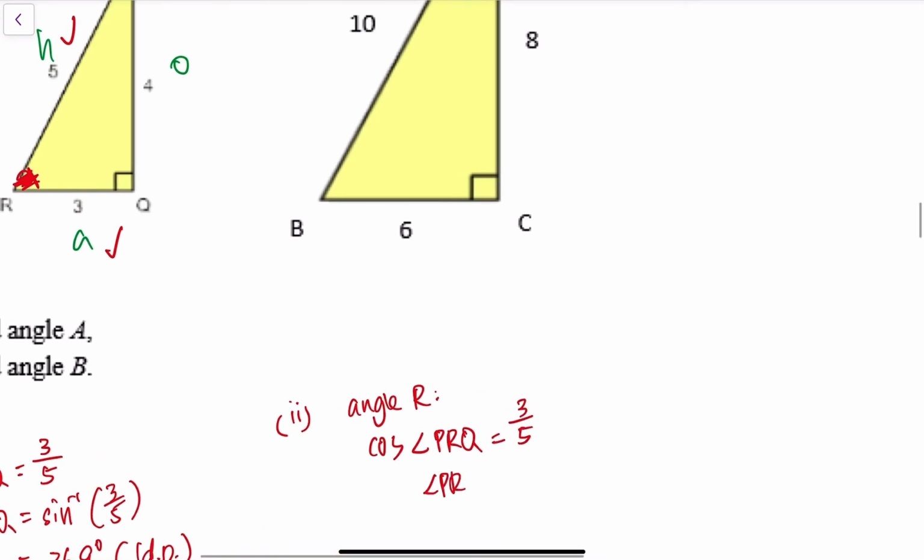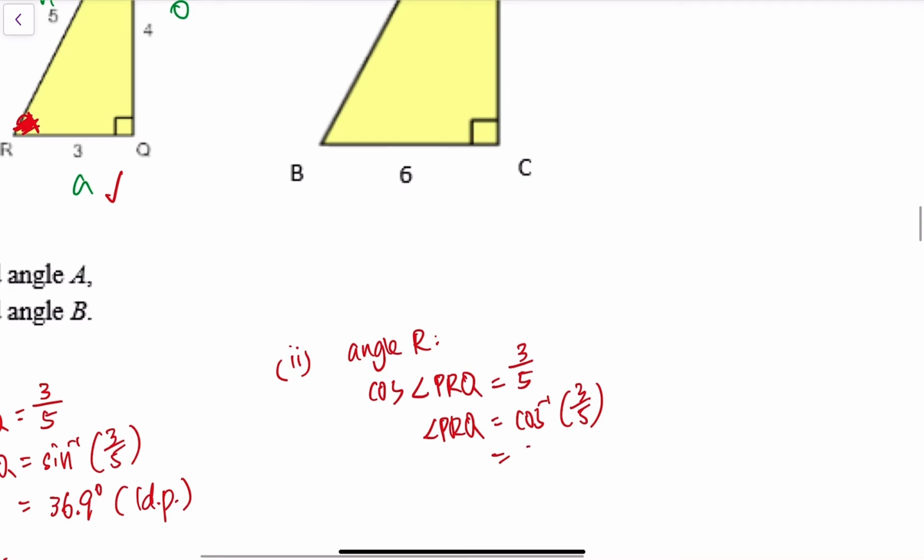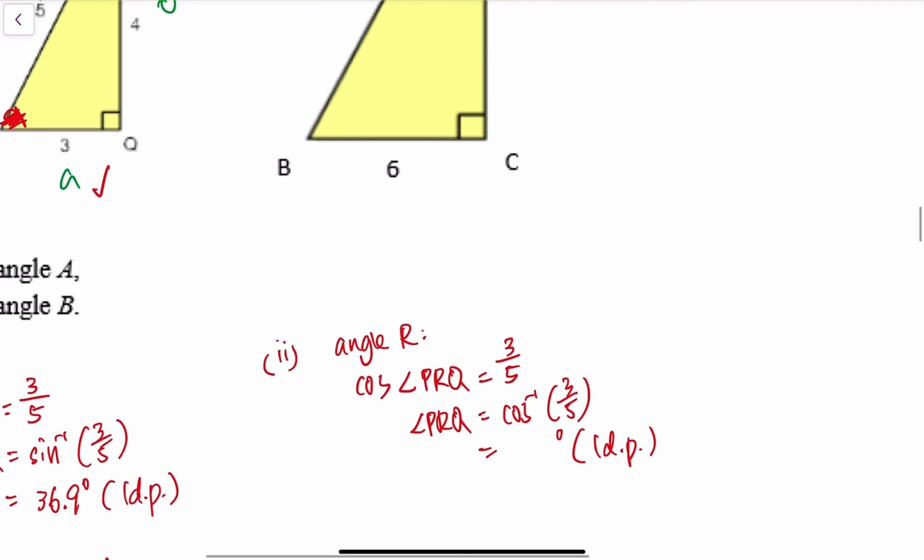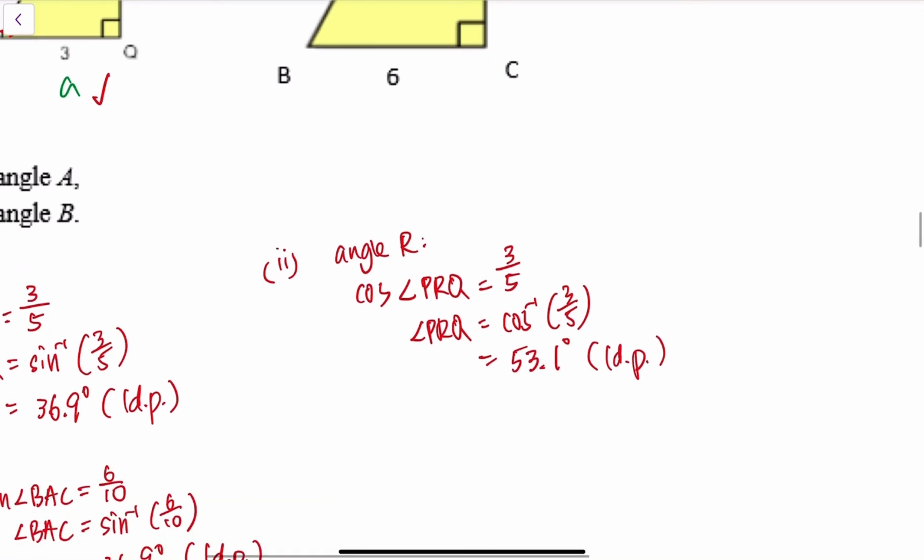So angle PRQ will be equal to cosine inverse 3/5. And I'll get 53.1 degrees, 1 decimal place.